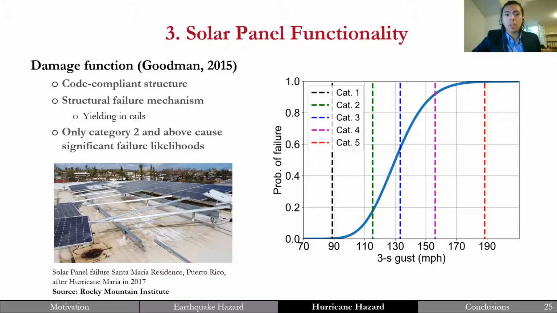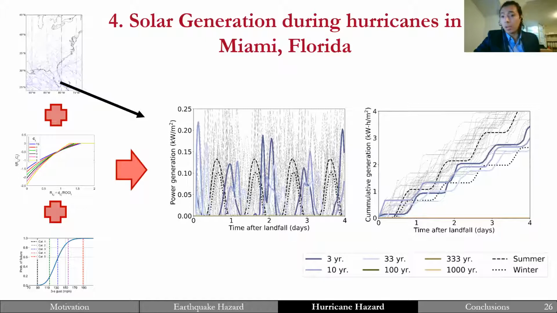So we put all of this together now: hurricane wind conditions, solar irradiance decay during hurricanes, and fragility functions. Here we're modeling time series of generation for different hurricanes, doing a statistical simulation. Time is in days after the hurricane makes landfall.